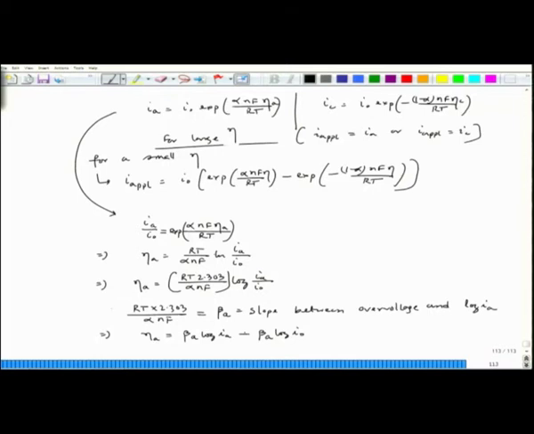Now, this is a constant, since alpha is 0.5, NF is constant, and RT is constant if the reaction happens at a constant temperature. So, this becomes a constant. So, this is equivalent to eta A equal to beta A log IA plus some constant.